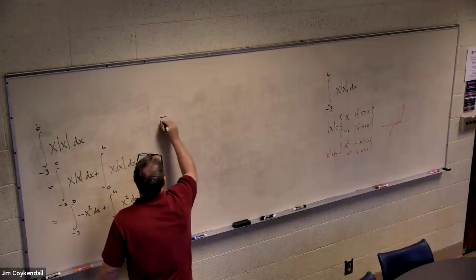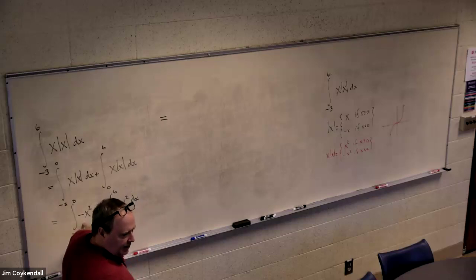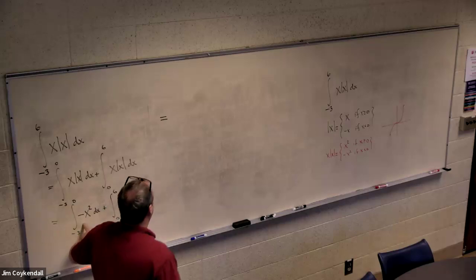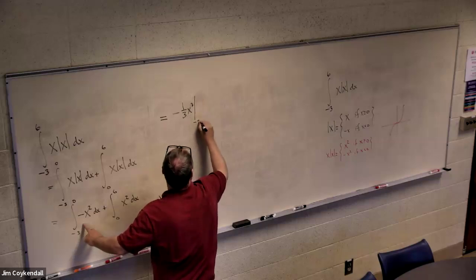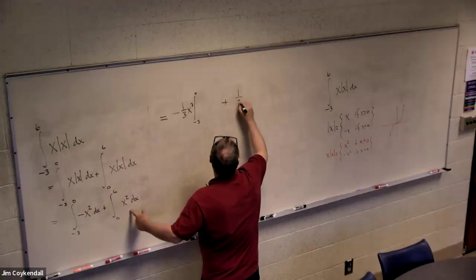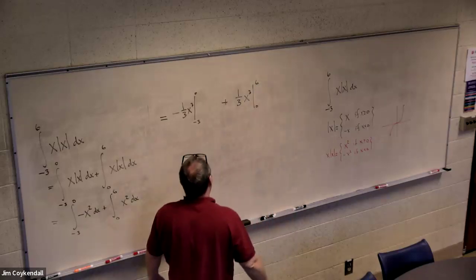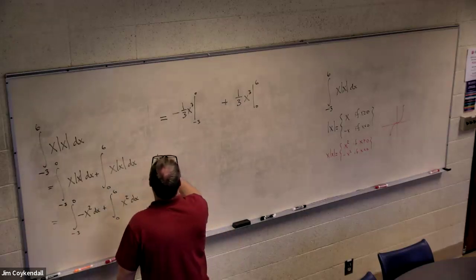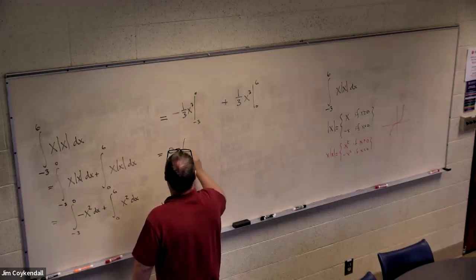My favorite antiderivative: the antiderivative of minus x squared is minus 1/3 x cubed. I evaluate that from -3 to 0. My other piece is 1/3 x cubed. Well, let's go through it. When I plug in 0, I get 0 minus.